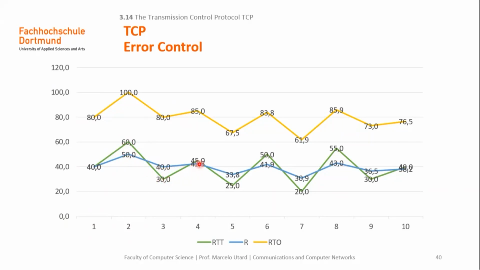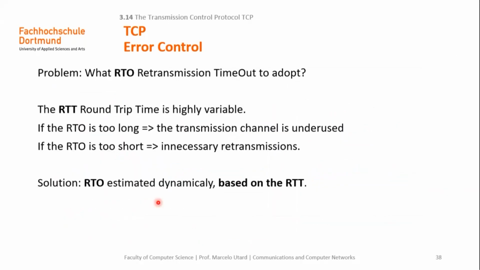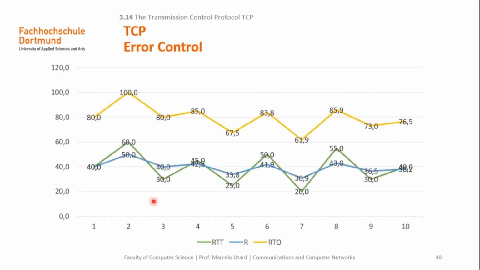In this way, we would see that this is the variation of the round trip time in green, and in blue we could see the smooth round trip time. And after that we calculate the retransmission timeout with the beta, with this factor, the delay variance factor, in order to establish which is the retransmission timeout.